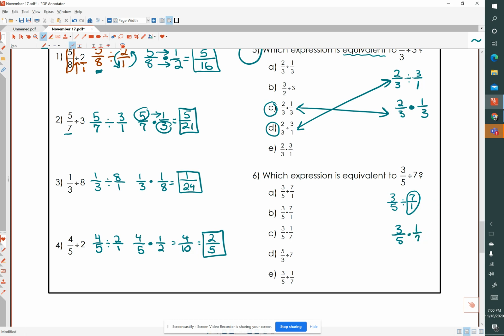So do I see equivalent fractions there? And if I look carefully, I see A, 3/5 divided by 7/1, and I see C, 3/5 times 1/7. So those are equivalent problems, equivalent expressions to the given expression in number 6.